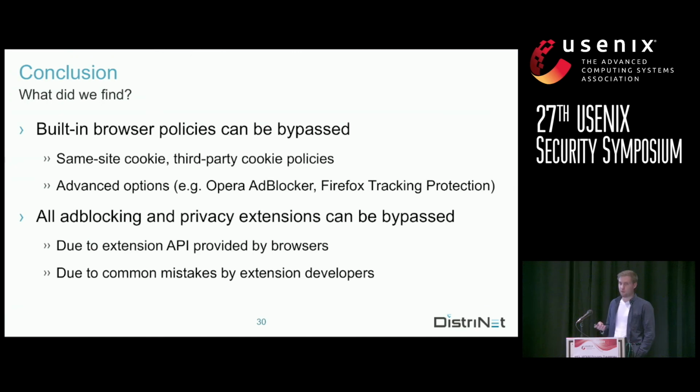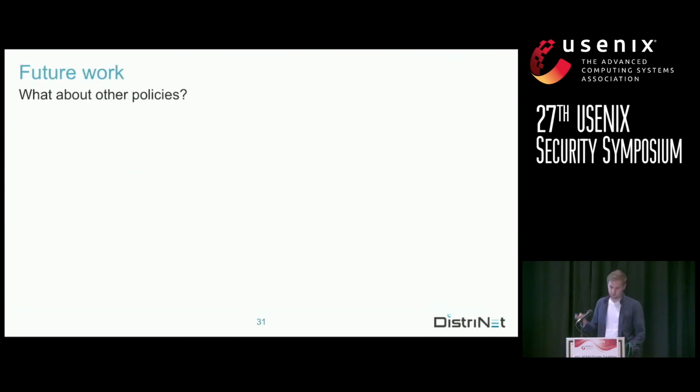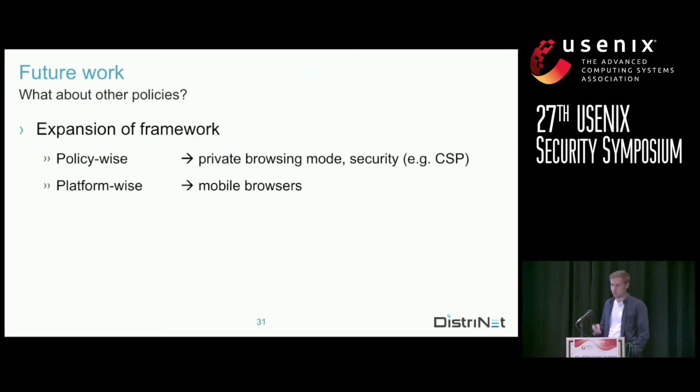Then we also found that all ad blocking and privacy extensions can be bypassed. This is due to the extension API that's provided by the browsers, but also due to common mistakes made by the extension developers themselves.